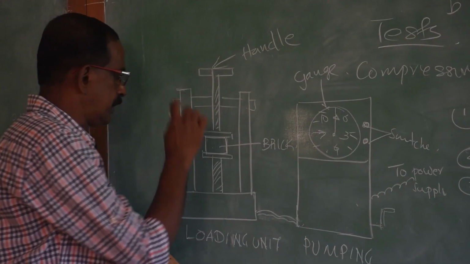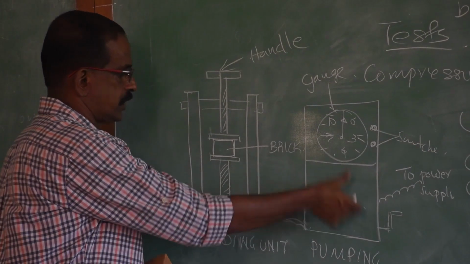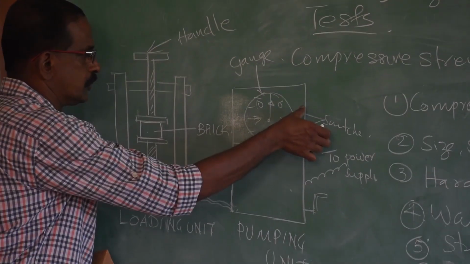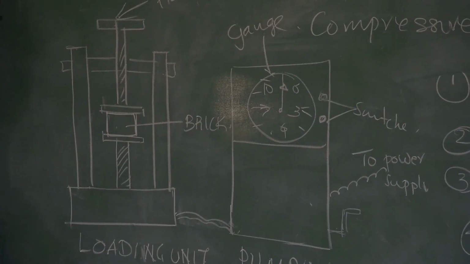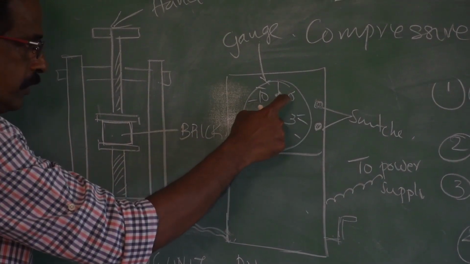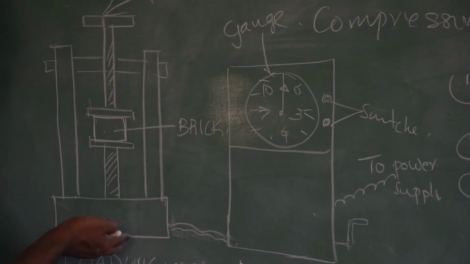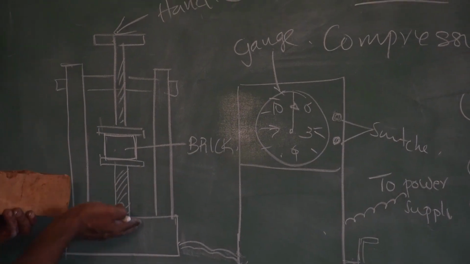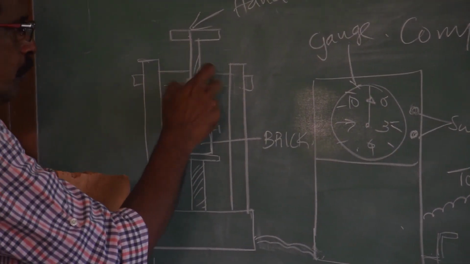After keeping the brick on this loading unit, just start the pumping unit by switching it on. Just press it. When you switch it on, due to hydraulic pressure, this lower loading platform will come up slowly. At the same time, the top is fixed.